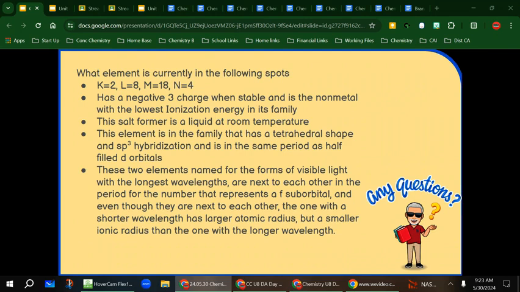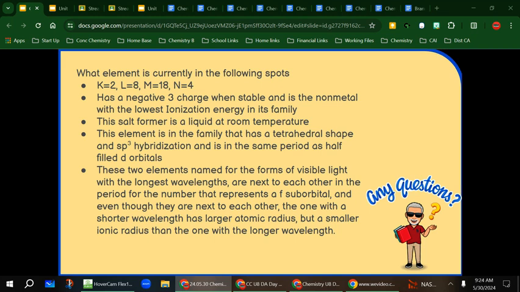What is the only way that two elements can be right next to each other and one have a larger atomic radius but smaller ionic radius? A non-metal and a metal. So right here, metal, here, non-metal. This one has the smaller ionic radius and larger atomic radius, so that would be orange. That would be red.